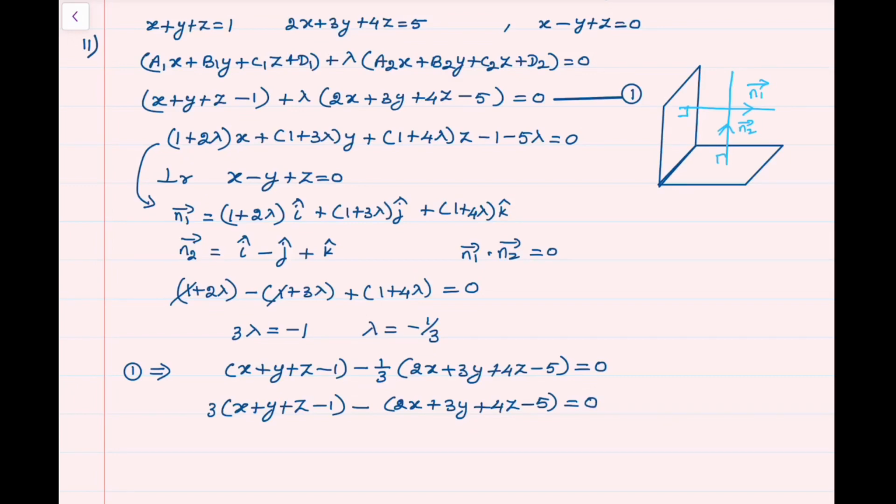Let us open the brackets. 3x + 3y + 3z − 3. Distribute the minus sign. Minus 2x minus 3y minus 4z plus 5 is equal to 0. Therefore, the answer is x − z + 2 = 0.